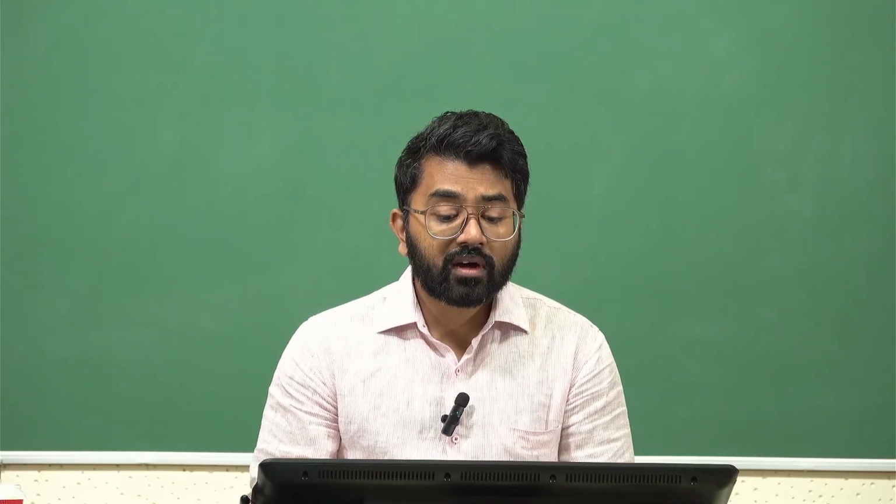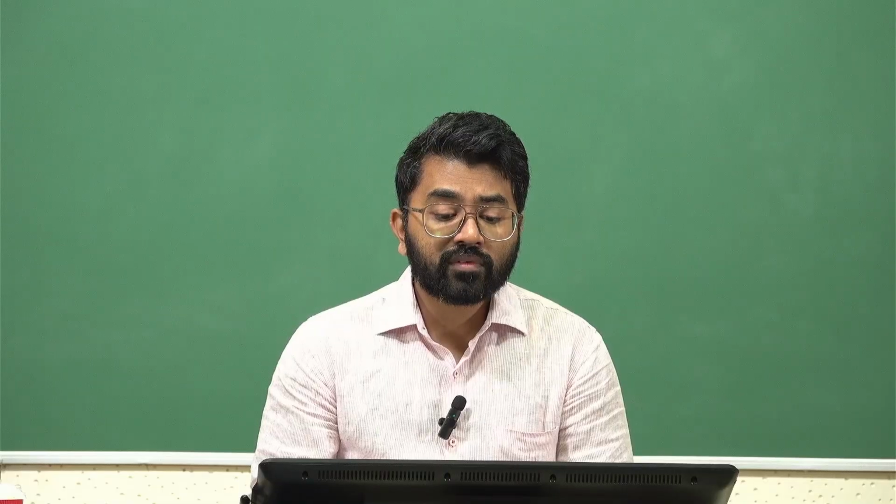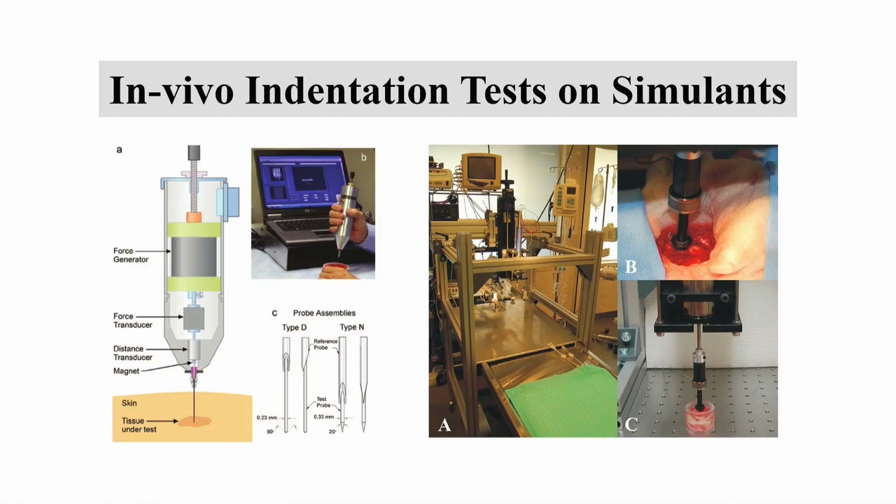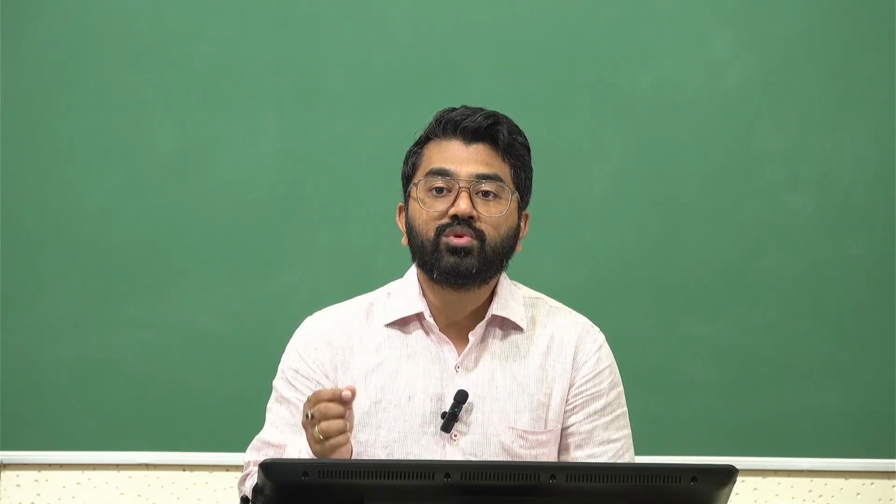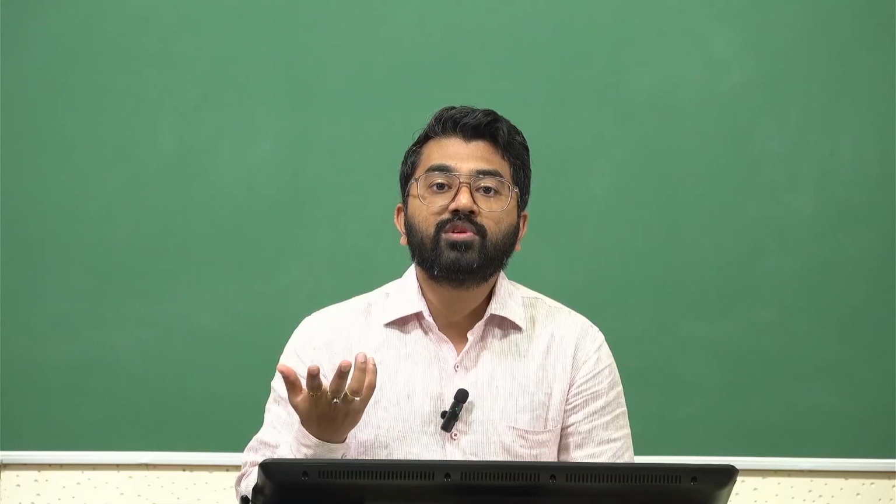Let's go further. So this is where the in vivo tests have come. They have started to be done on simulants. Simulants is a very broad term, and I'm going to take quite a few interesting sessions on simulants: how to develop different kinds of soft tissues which can mimic the mechanical properties of the native tissue, or the real tissue, as closely as possible.